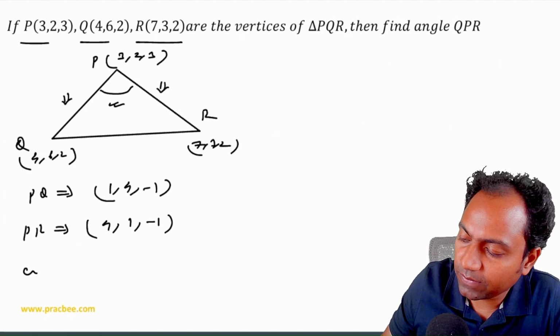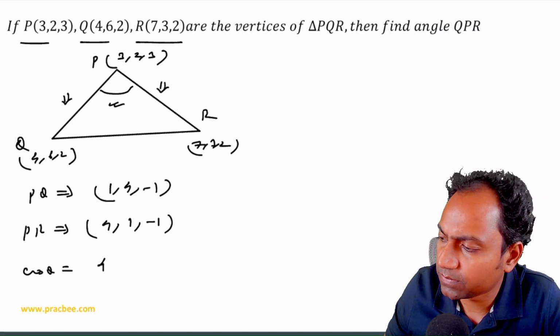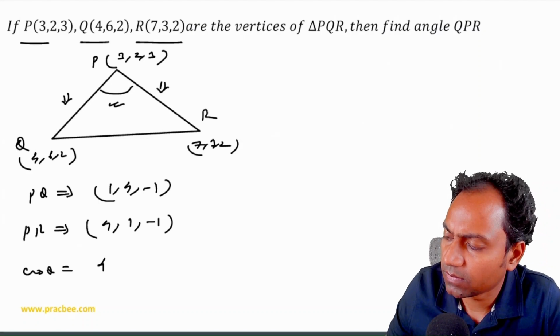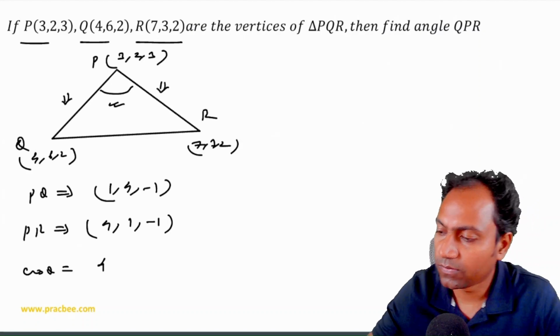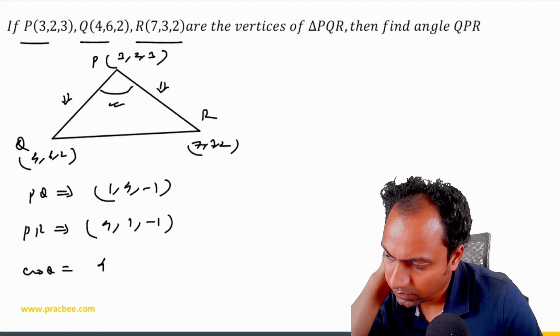Now, if I find their dot product, I get the value of cos theta. So that becomes 4 plus 4 plus 1.